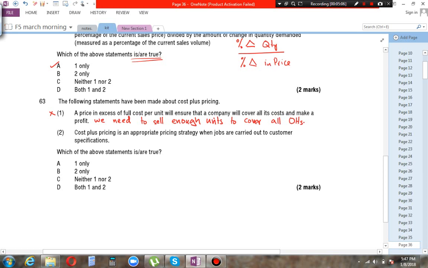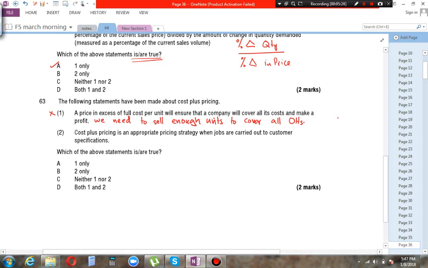So you have to consider how many units you are selling also, right? Because if you sell more units, then you can cover more overheads, and more units will obviously absorb more overhead, right? And absorption per unit would be less.